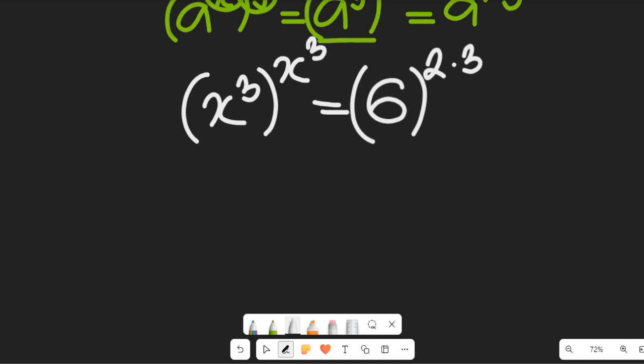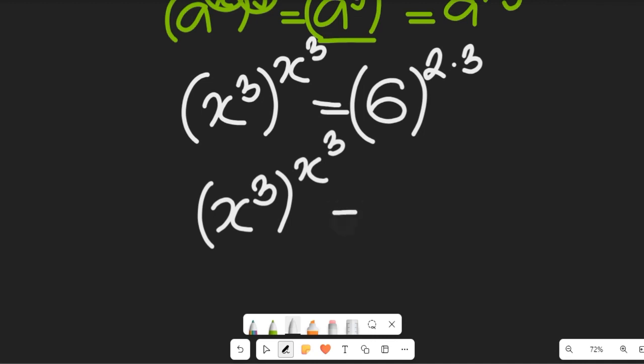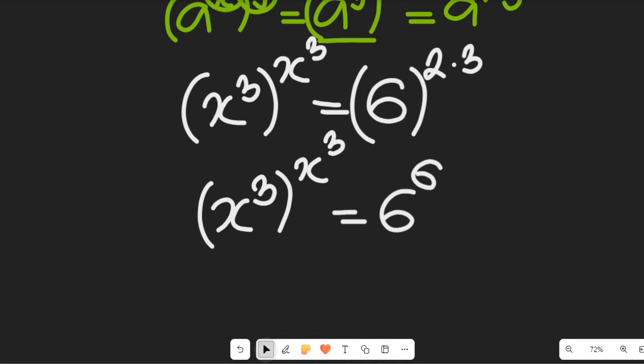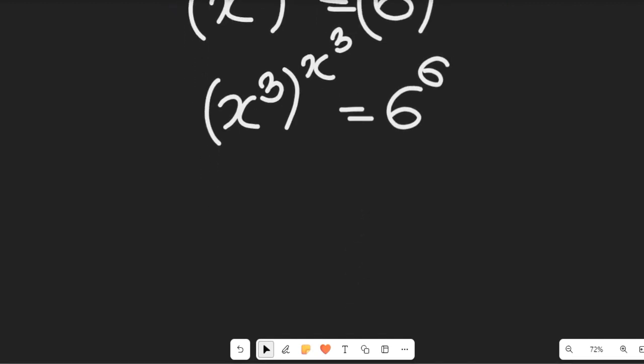If we simplify this, we'll have x to the power of 3 all to the power of x to the power of 3, and this will be equal to 6 to the power of 6. Now we have a typical equation such that the base is the same as the power and the power is the same as the base. So how do we solve this?